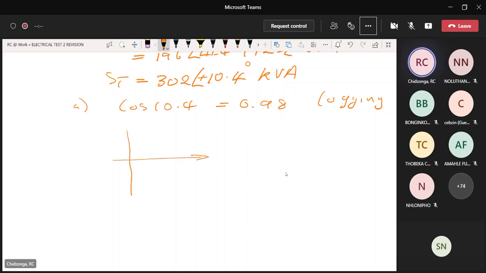If I draw a phasor diagram like this, right? I'm going to draw the voltage phasor and the current phasor of a given load. I want to change the color of my pen.